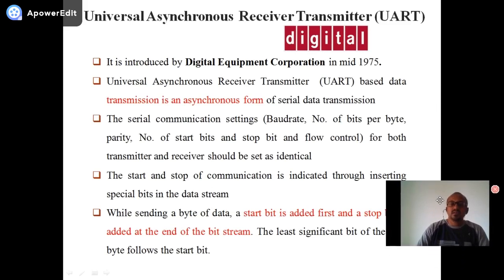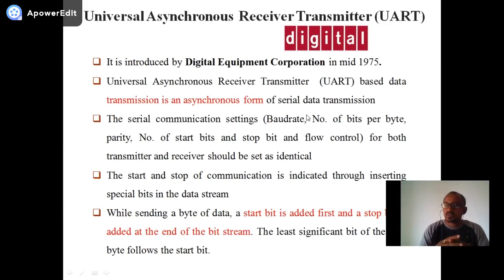So, next in this list of onboard communication interfaces, the protocol is the Universal Asynchronous Receiver Transmitter, popularly known as UART. UART is a protocol invented and implemented by Digital Equipment Corporation (DEC) in mid 1975.